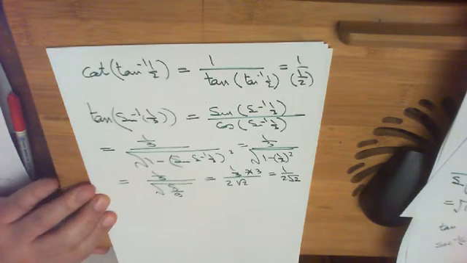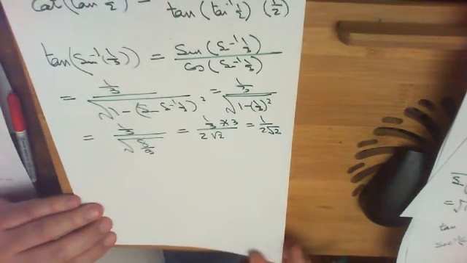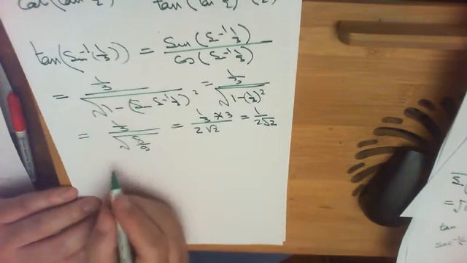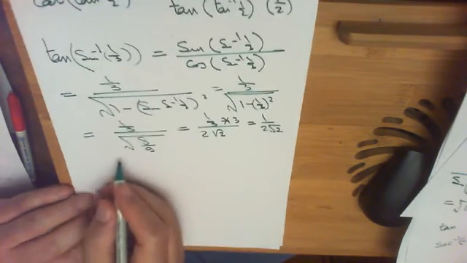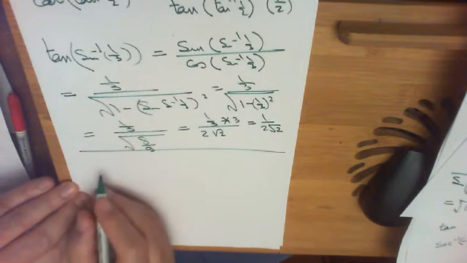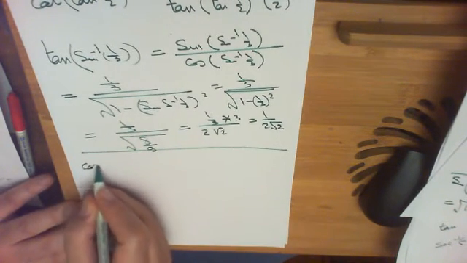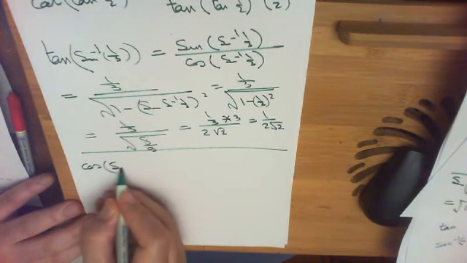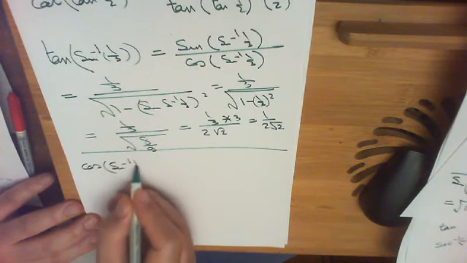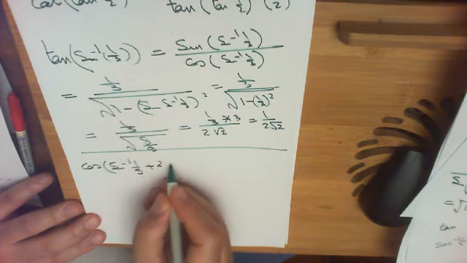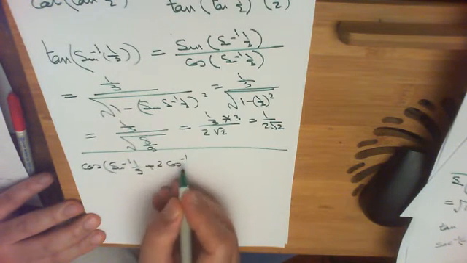As you see, very simple, very easy. Another one is cosine of sine minus 1 of 1/5 plus 2 cosine minus 1 of 1/5.